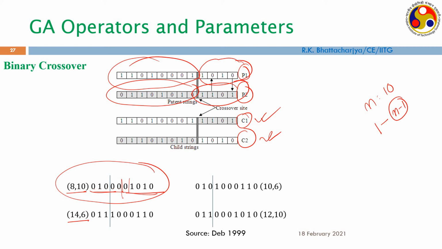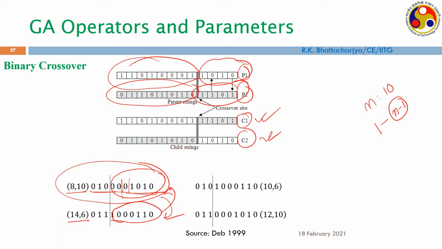This is done randomly. Suppose in this case it comes as 3, that means after 3 you put the crossover site. Now you exchange: this portion goes to the first solution and this portion goes to the second solution.